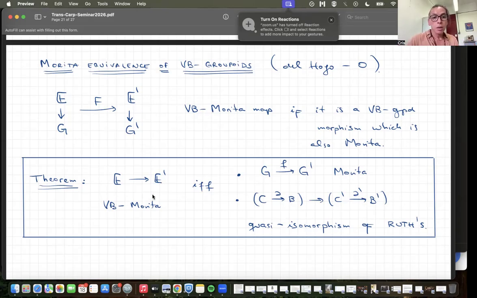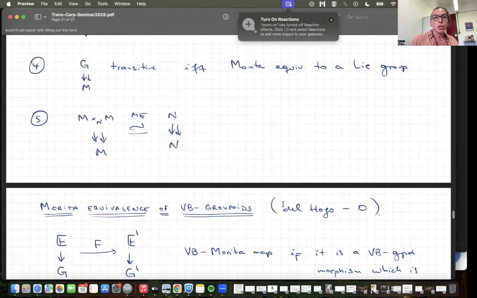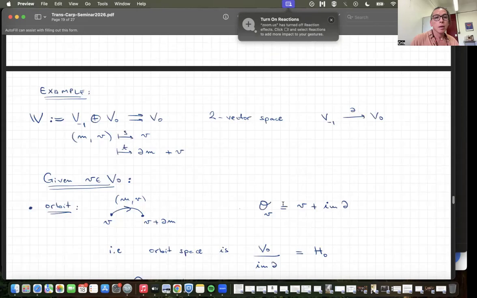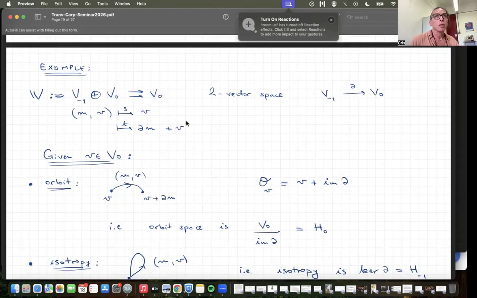So a map is VB Morita if the base map between the groupoids G and G prime is a usual Morita map between groupoids. And the point is that associated to any VB groupoid, there is a two-term complex, which is called the core complex. All right. So this is essentially the same construction that I explained here when you take a two-vector space and produce a two-term complex by taking the kernel of the source and so on.